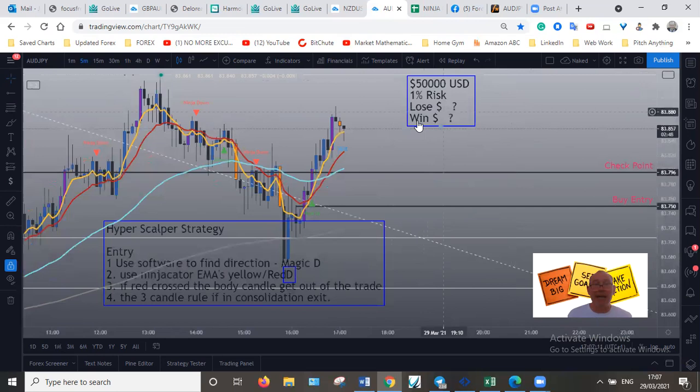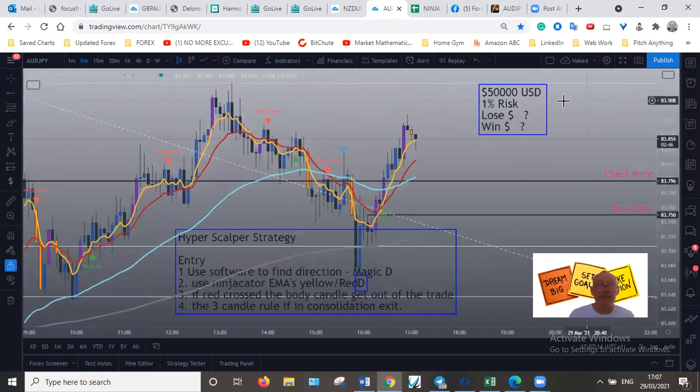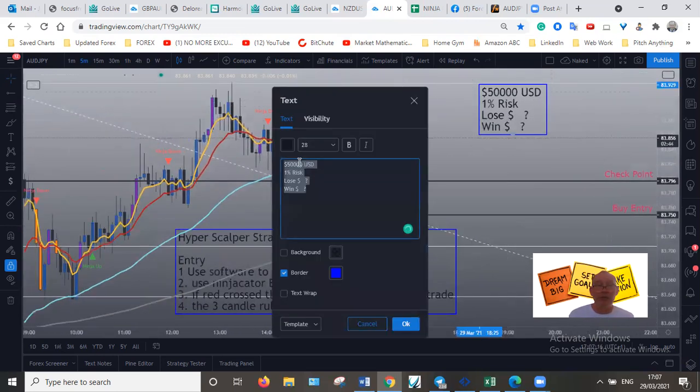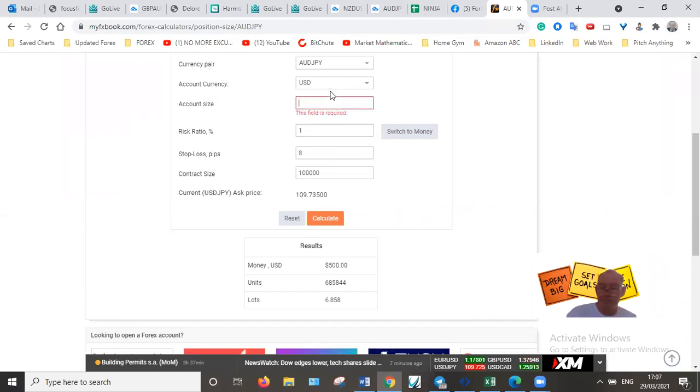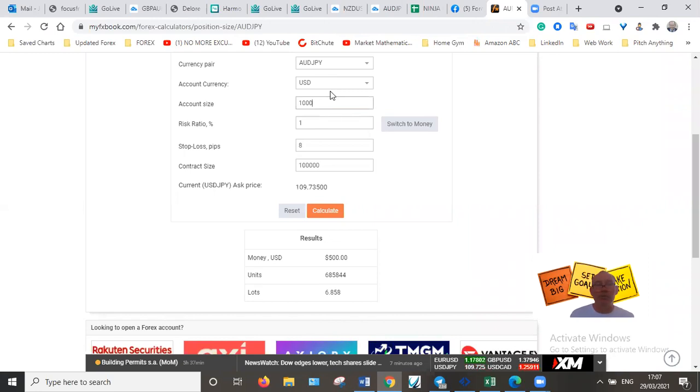I'm not saying I'm trading with this, but I wouldn't be allowed to say that. So let's just change this perhaps to another example of $1,000 with the same tool, same currency. 1%. We'll do round numbers.